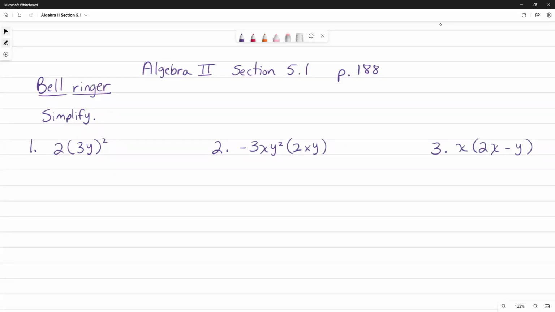Okay, so we're starting a new chapter. Chapter 5 covers the quadratic equations. So far we've been working with linear equations. The quadratic equations means we're working with polynomials. Y'all remember those from chapter 1-ish? All right.